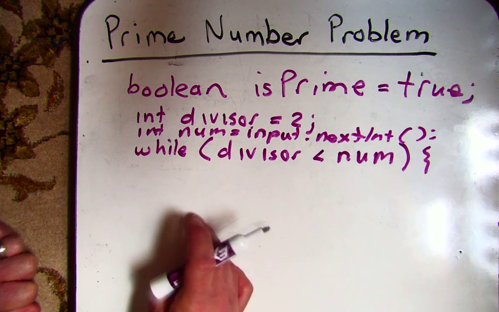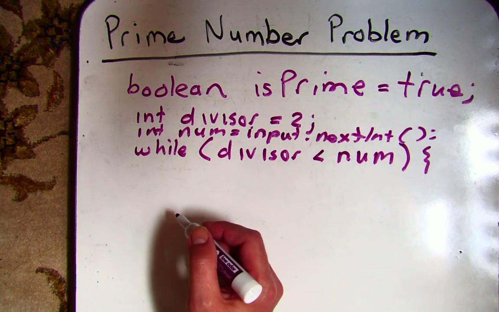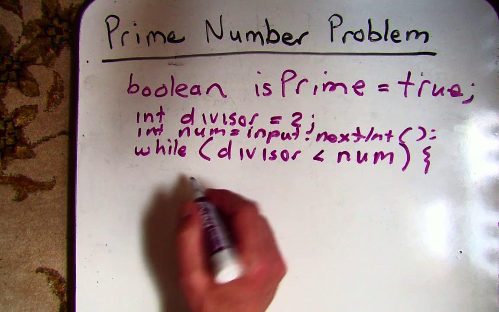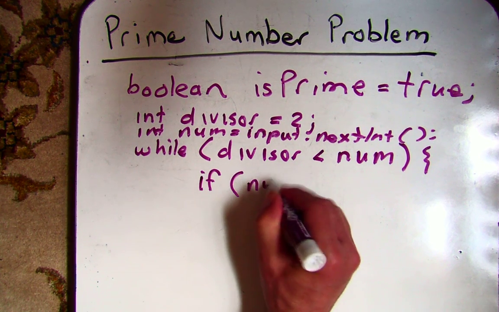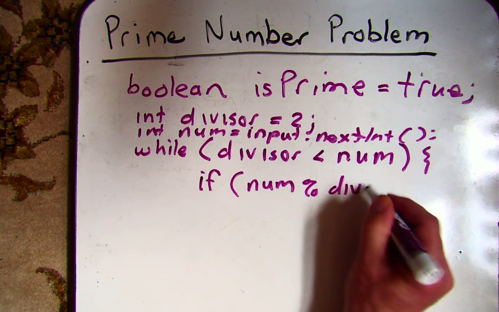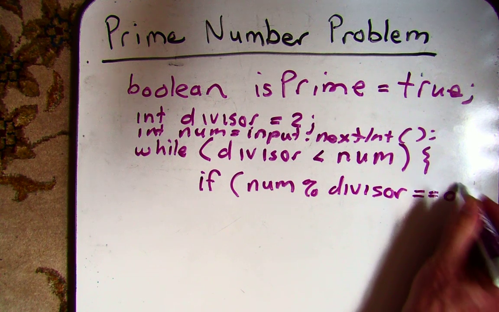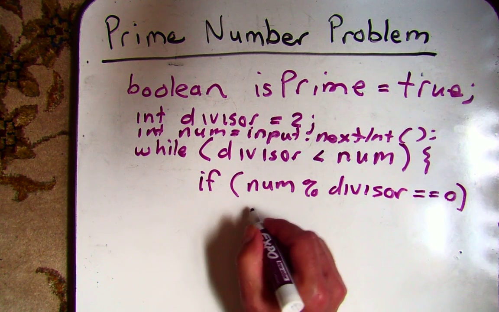Okay, so we get an integer. Keep going while the divisor is less than the number. That would mean it would go up to number -1. In there, we could do that test: if the number mod divisor, the thing we're trying to divide by, equals 0, well, then we know for sure that it's not prime.